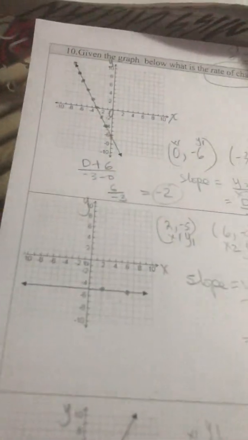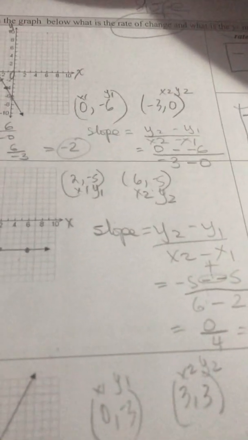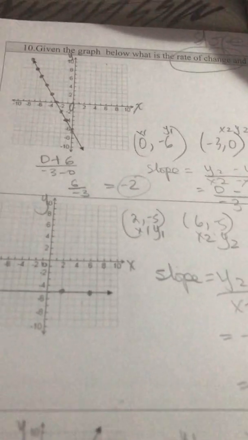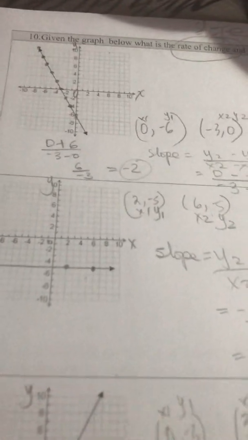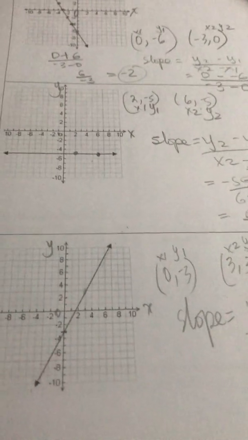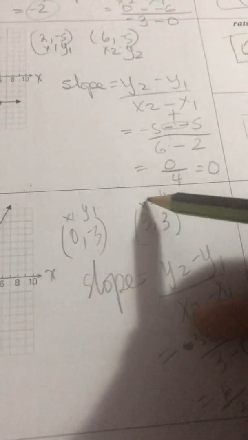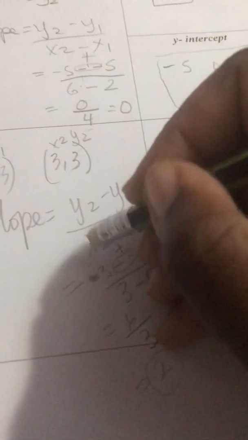Class, if you've been given a graph, the most important thing is you need to know how to get the points. If you choose the wrong points, that will be the end of you and the question. The important part is you choose the correct points, you label correctly, and you use your formula correctly.